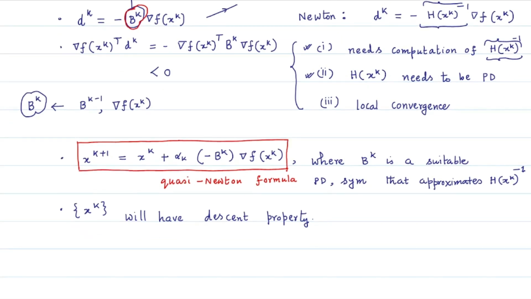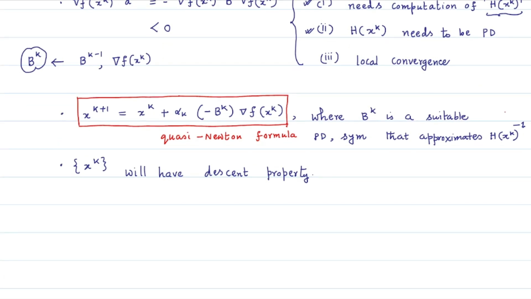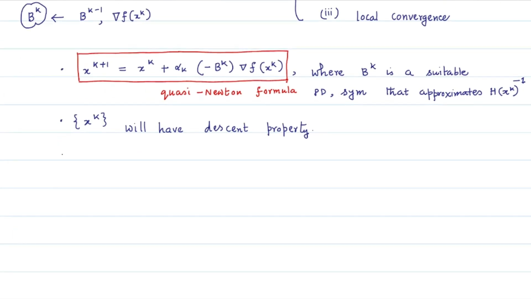Answers to this question are precisely the agenda of this lecture, that is, the derivation and analysis of the Quasi-Newton method. So the question before us is, what condition must the matrix Bk satisfy and how to construct the matrix Bk?